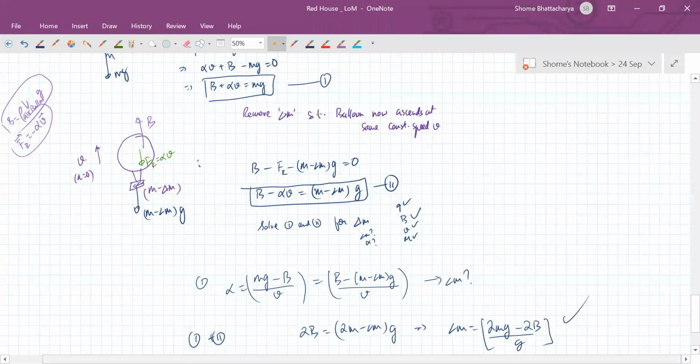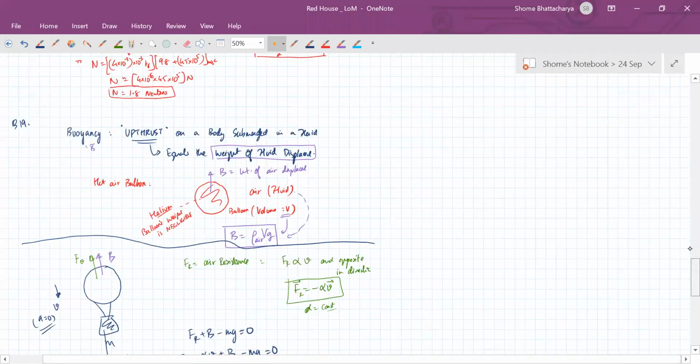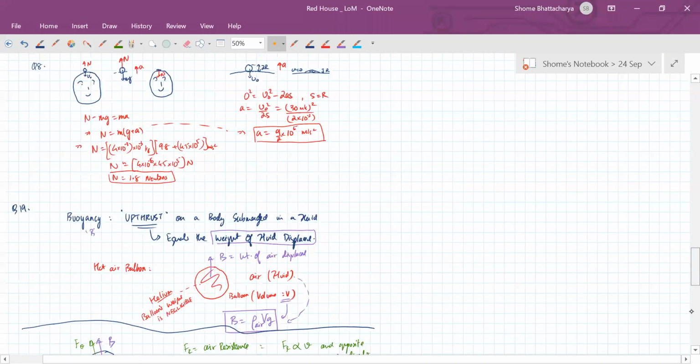This is the easiest way of solving. This is the amount of mass you have to remove. Okay, so that's question number 19. Next we'll do 20.